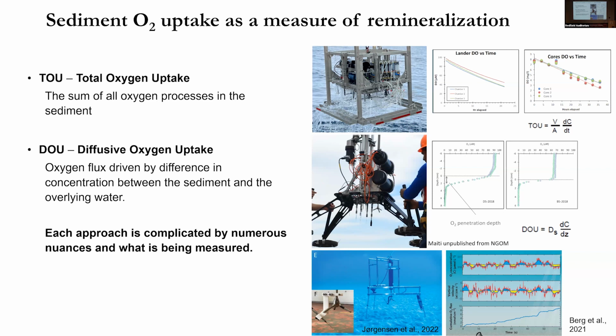This particular profile was measured in situ at the sea floor at 200 micrometer intervals. We need that resolution because in this example the oxygen penetration is 2 millimeters. That's it. And here, the oxygen penetration in this section is about 3.5 millimeters. By doing this kind of high resolution oxygen profiling, we can calculate the flux. It's a pretty simple fixed equation. If you know the oxygen diffusivity and dC/dZ, you get your DOU. And it eliminates many of these operational issues because it's a simpler, more straightforward way.